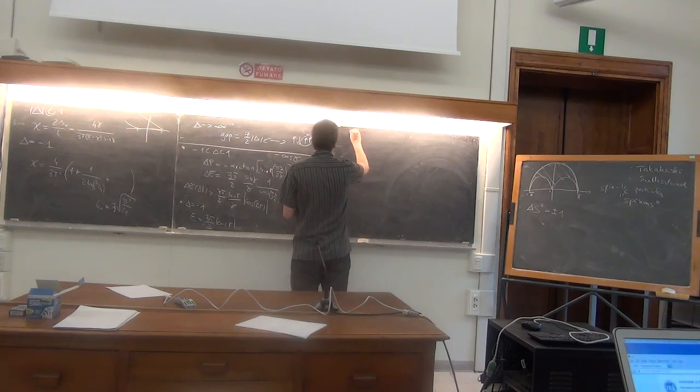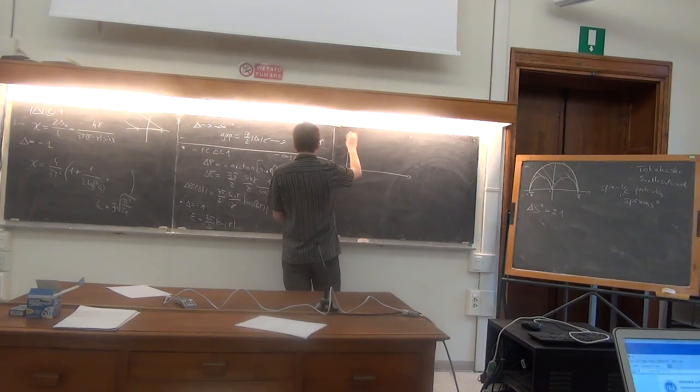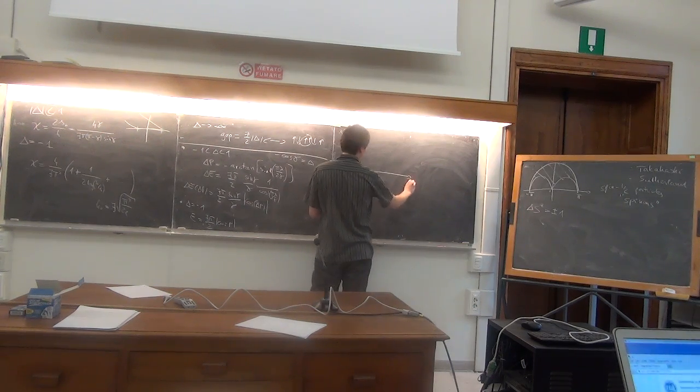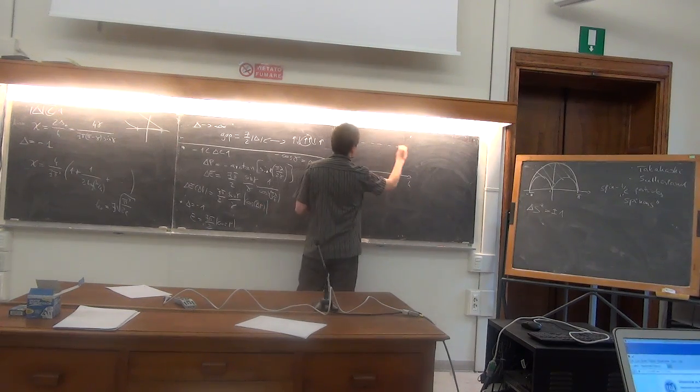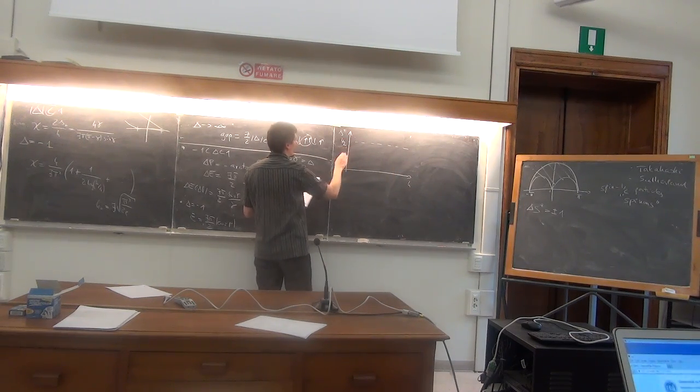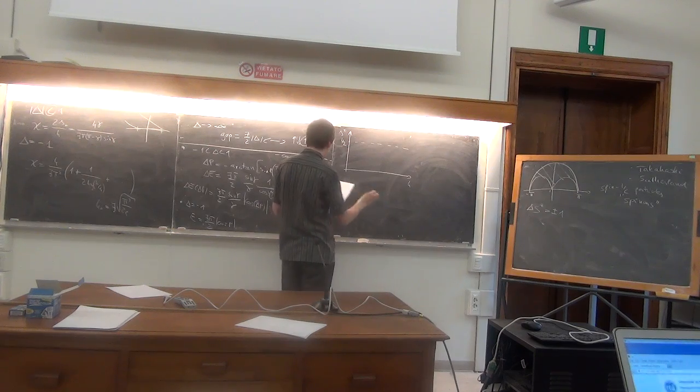So let me first plot the magnetization per site as a function of h. The maximum of this is 1/2. That's here.